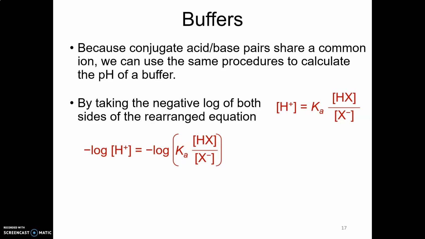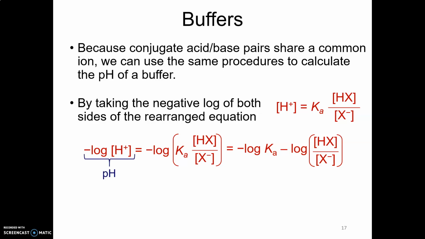Now, you immediately know what the negative log of protons is, right? The negative log of protons is pH. And then the other negative log, we can distribute to the two portions of that parenthesis. So it's the negative log of Ka minus the log of the concentration of acid over base. Negative log of protons, that's pH.